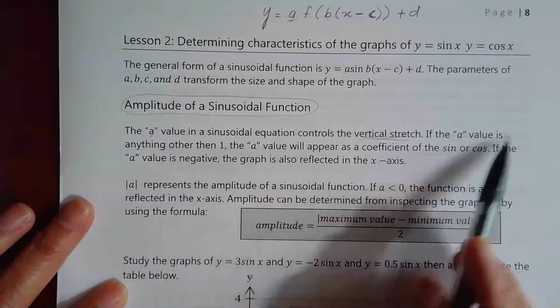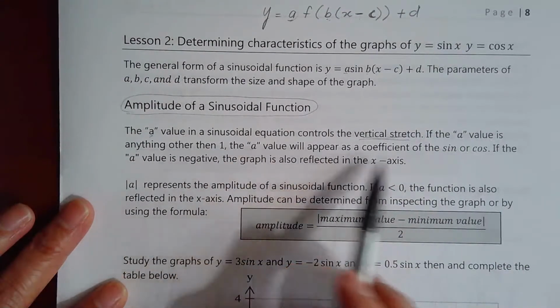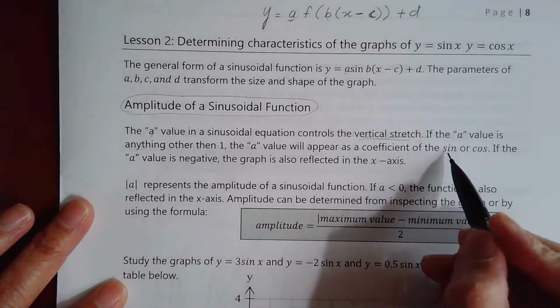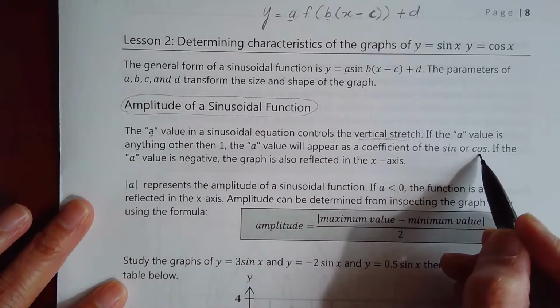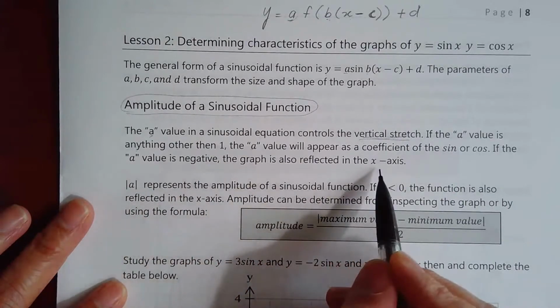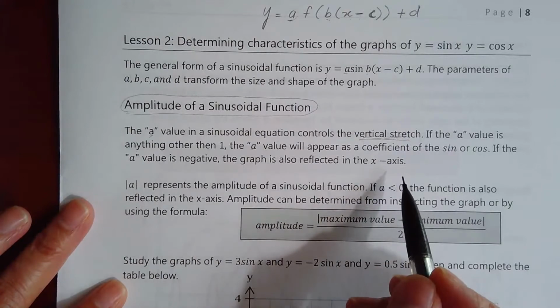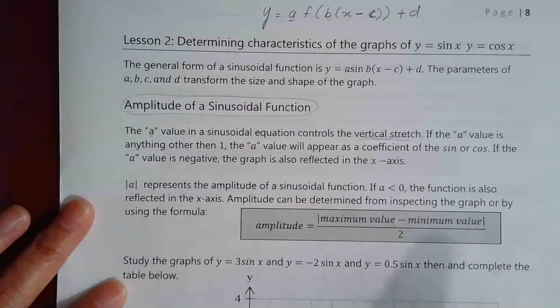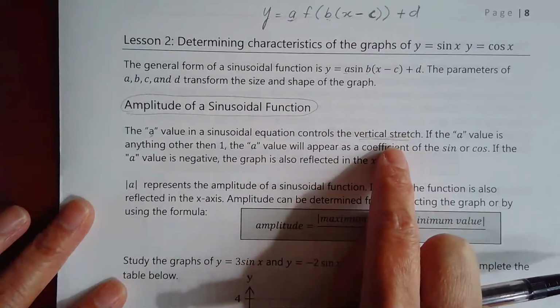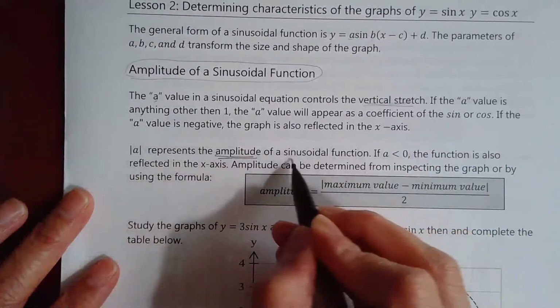If the a value is anything other than 1, it will appear as a coefficient of the sine function or cosine function. If the a is negative, the graph is also reflected over the x-axis. So there's a vertical reflection right there. So a represents the amplitude of the sinusoidal graph.